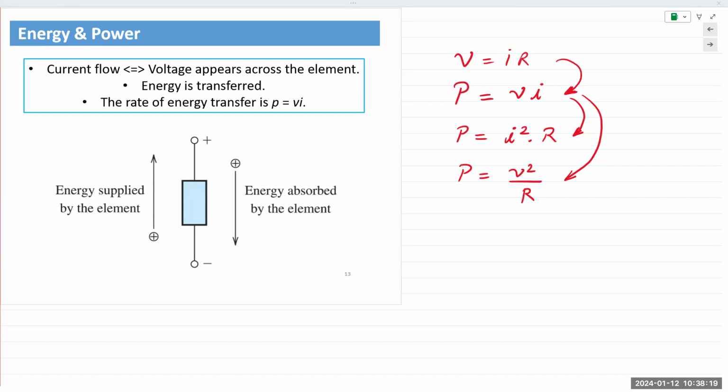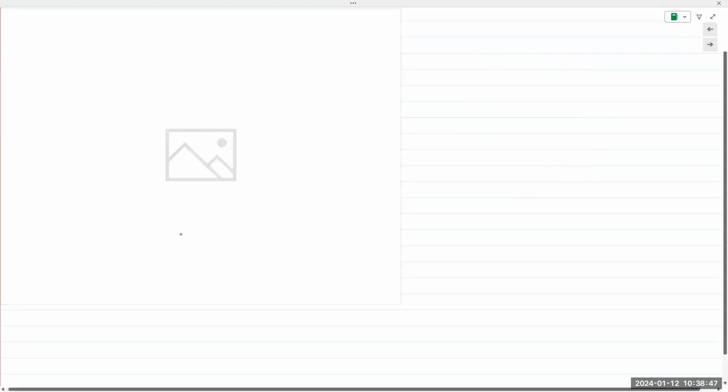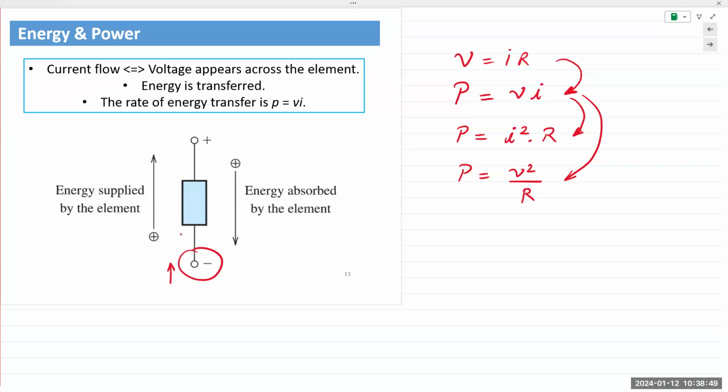So how it relates to voltage and current is that at the beginning of our analysis, we assume voltage polarity and current direction. If the current is entering the negative end of the terminal, as we show on the left-hand side of this illustration, that means the energy is being supplied.